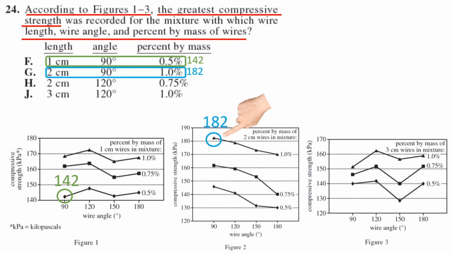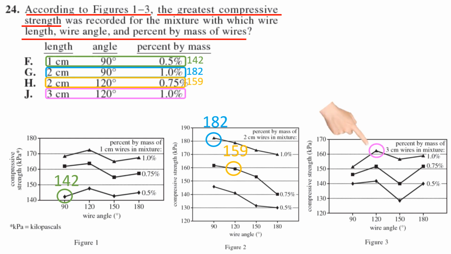Is that spot, and that's about 182. 2 centimeters, 120, 0.75, and that's about 159-ish. And the last one, 3 centimeters, 120, and 1, and that's about 162. So which one is the greatest? Choice G at 182.